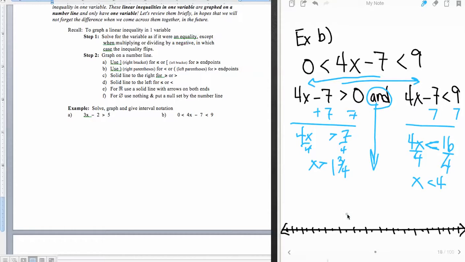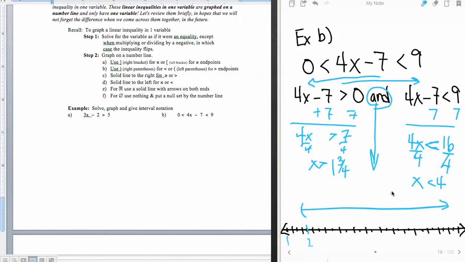So remember what we did here is we said, okay, well, here's 1 here, and then 1, 2, 3, and there's our 2 there. So this is 1 3/4 here. So x is greater than 1 3/4, right there.